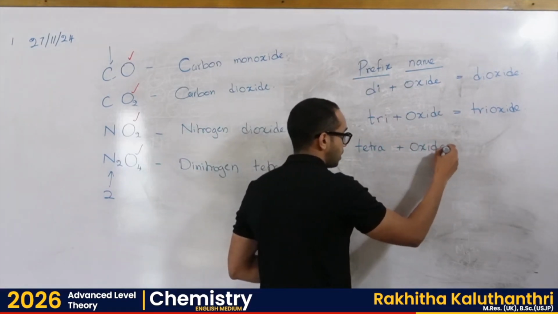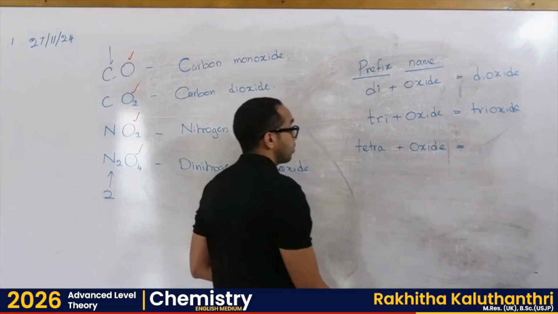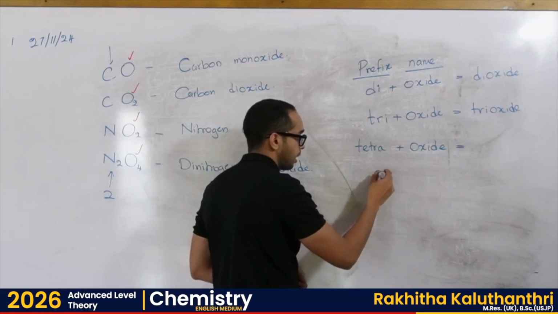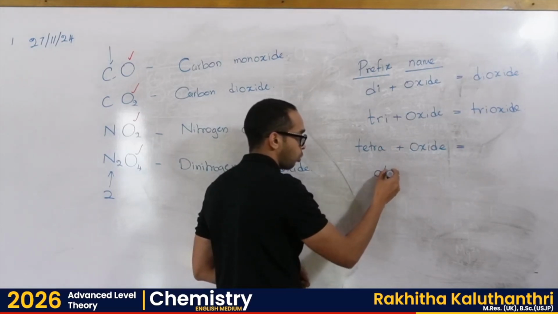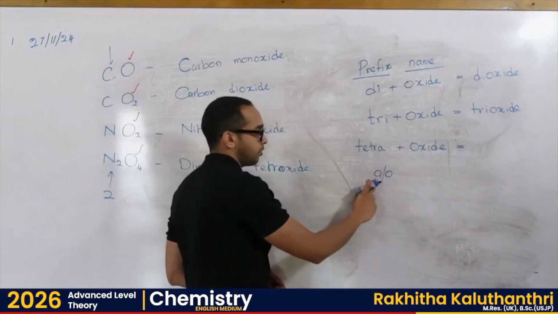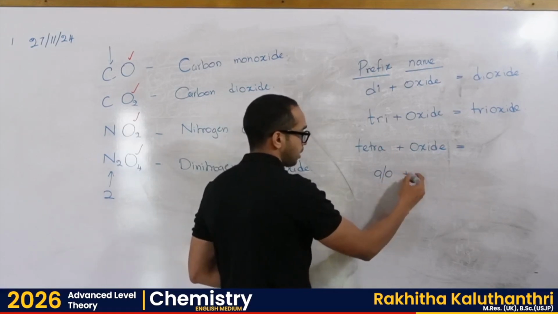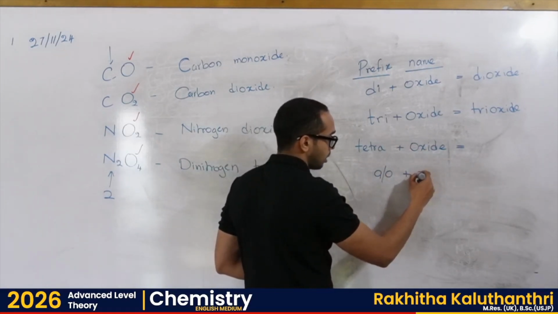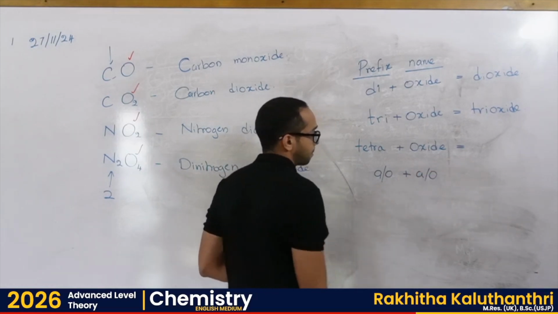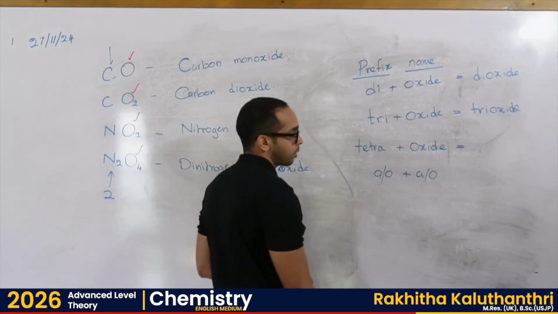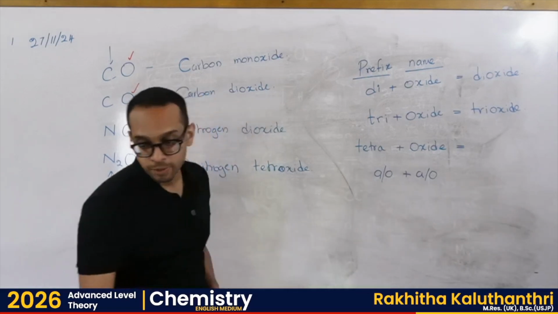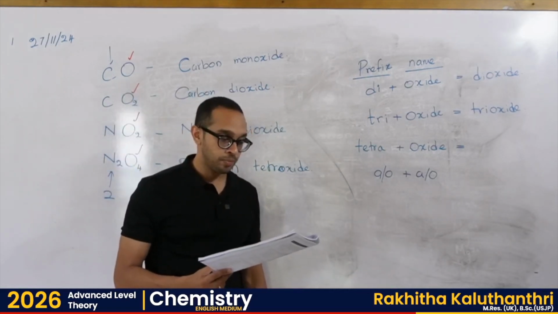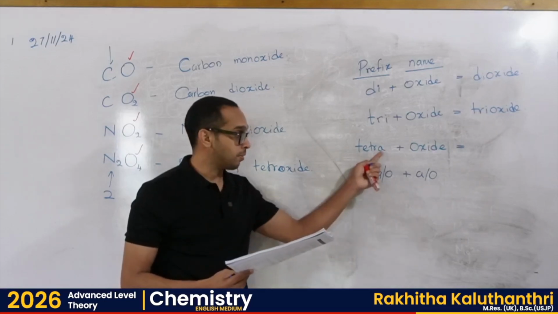The last rule I gave you says if the prefix ends with A or O, and the next element's name starts with A or O, we actually have to cancel off the A of the prefix's final letter.